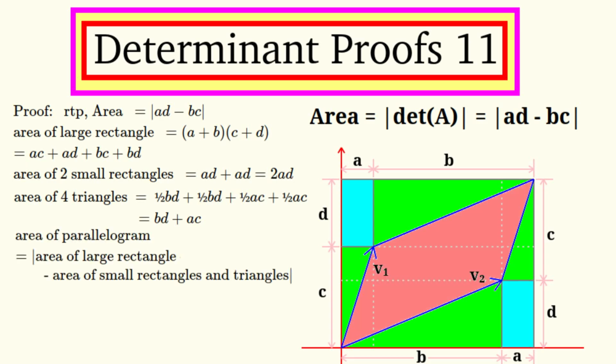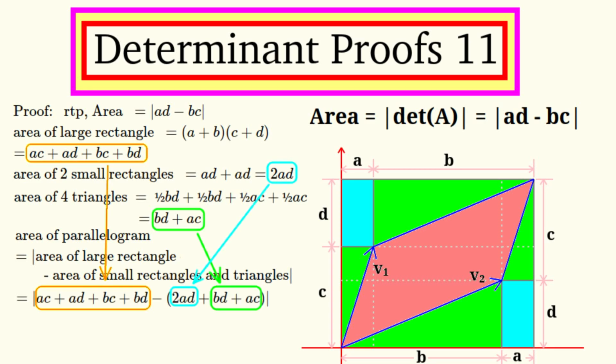Now to find the area of the parallelogram that I gave a reddish colour, we have to subtract the areas of all these small rectangles and triangles from the larger whole rectangle. I'm putting it into an absolute value function so that it won't give us a negative value for this area.